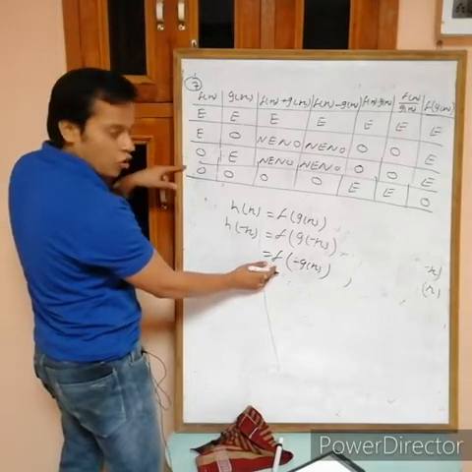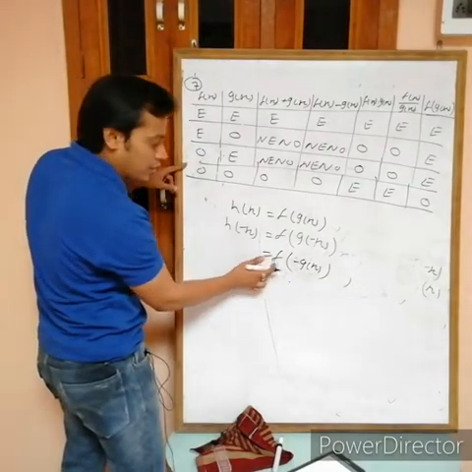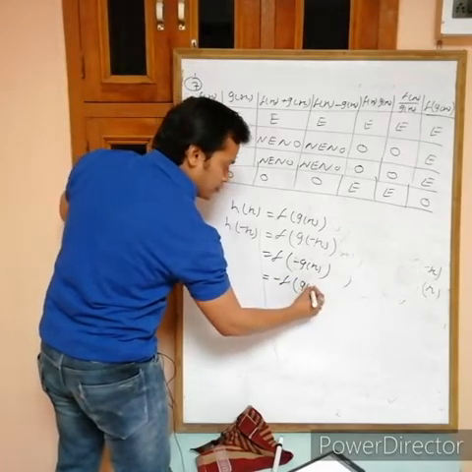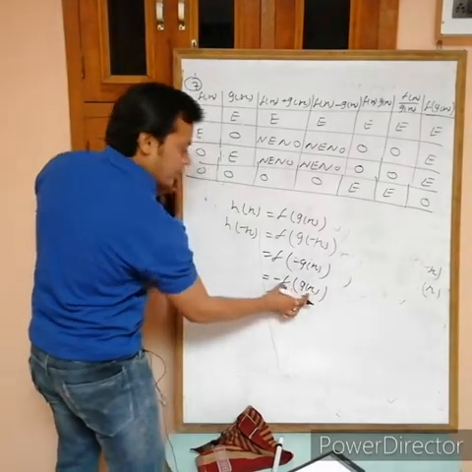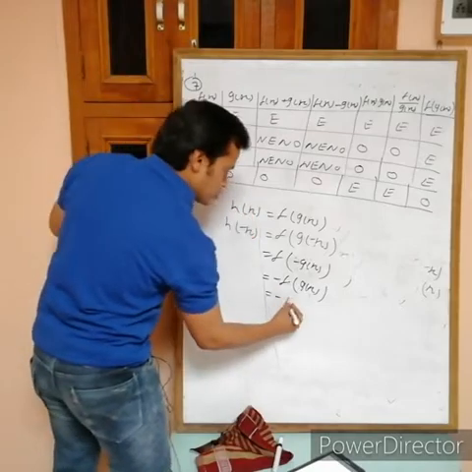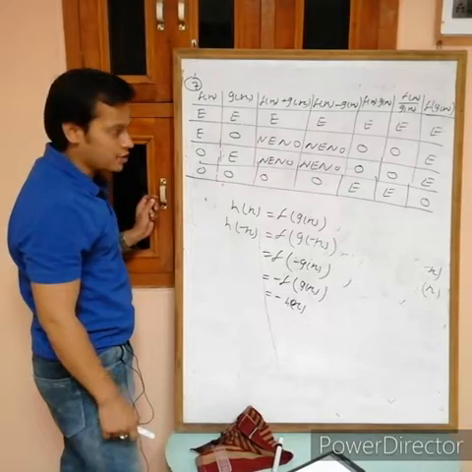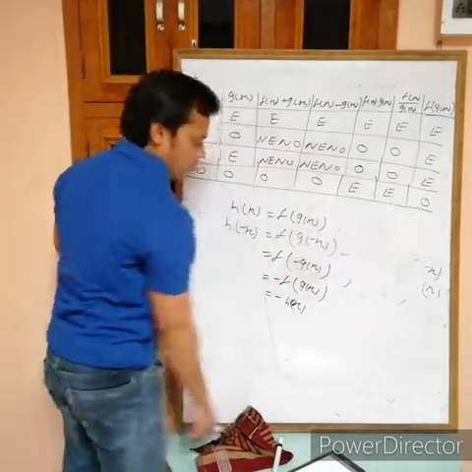Now f is odd function. If f is odd function, then f of minus x is equal to minus of f(x). Okay, again minus f of g(x) is equal to h(x). So h of minus x equals to minus of h(x), then this one is odd function.